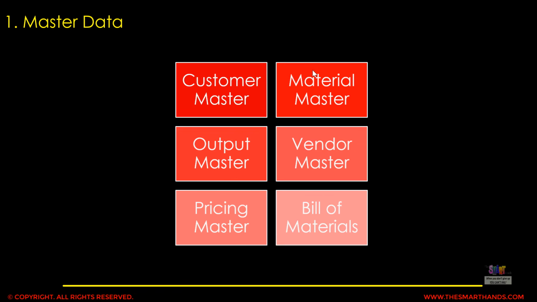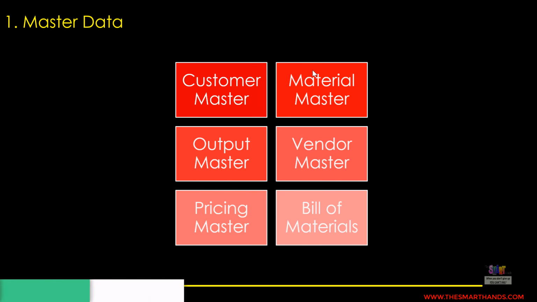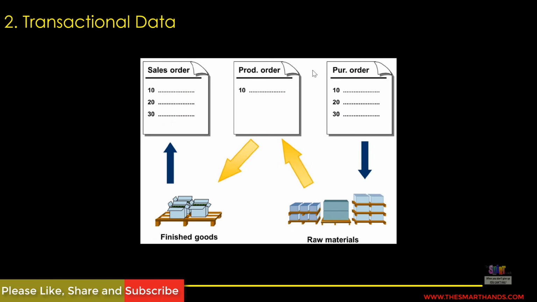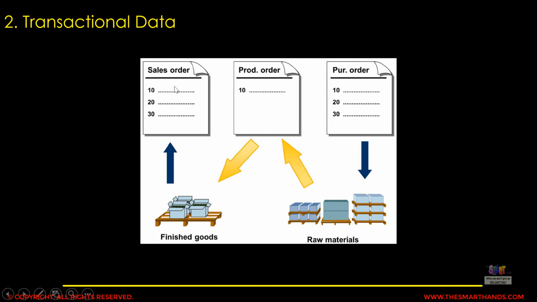So there are basically three types of data, or we can say four. So first is master data, where we maintain all master data. Again, we'll look at it in detail in the next videos. Then the second type of data we have is the transactional data. So as I just said, using the master data, we create the transaction data. For example, a sales order. When you create a sales order, what you need is basically the customer master data and the material master data.